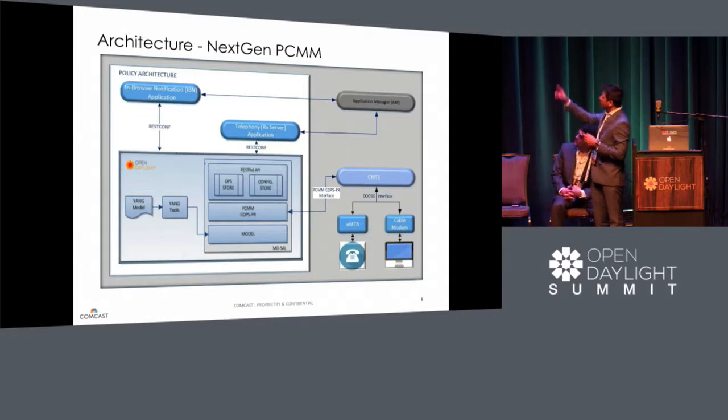In this case, you can see that we have a third-party application that we are referring to as the application manager, which is initiating the request. And when you send the request, you need at minimum the subscriber IP that you would like to target to send the notification.